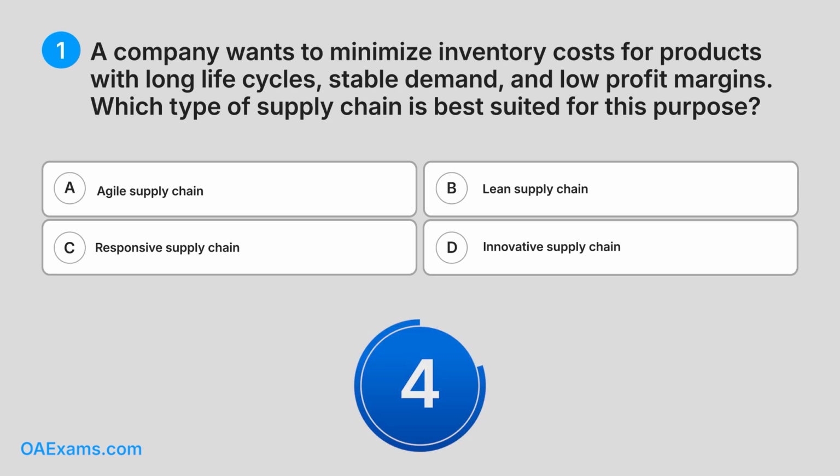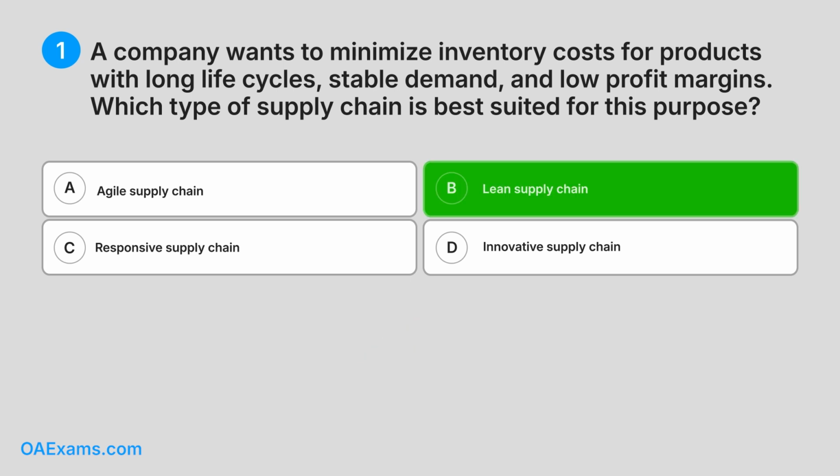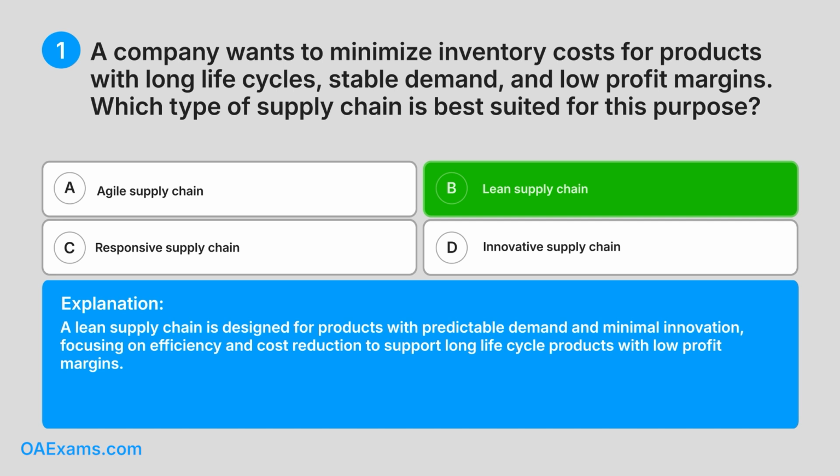What do you think is the answer? Correct answer: B. Lean supply chain. Explanation: A lean supply chain is designed for products with predictable demand and minimal innovation, focusing on efficiency and cost reduction to support long life cycle products with low profit margins.